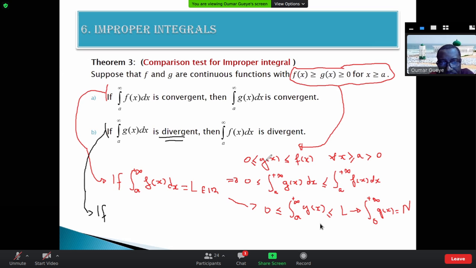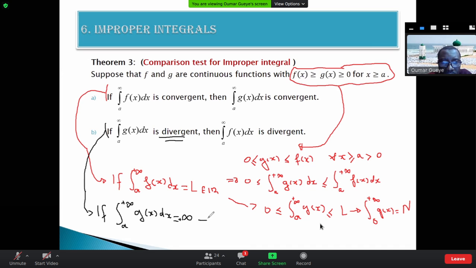The only way is to get positive infinity, divergent. Now, if the integral from a to positive infinity of g of x is equal to positive infinity, okay? If this integral is positive infinity, it means it's divergent.